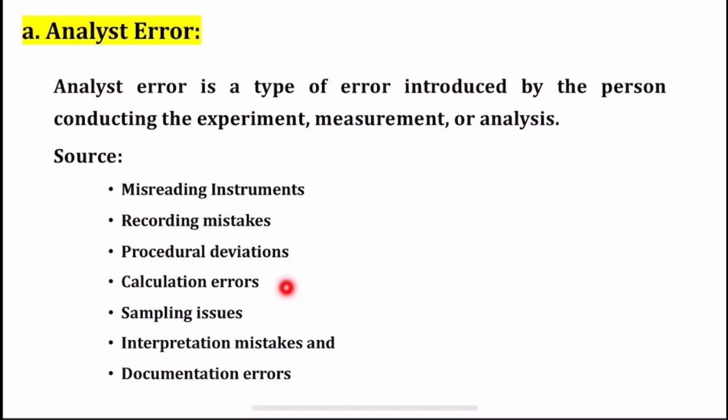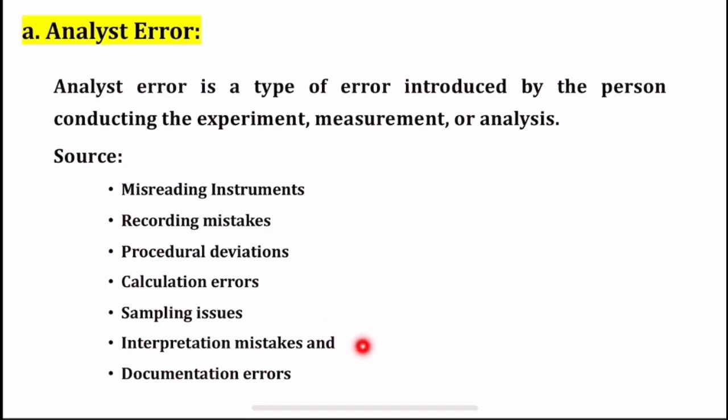Calculation errors refer to inaccuracies or mistakes made during the process of performing mathematical calculations. Sampling issues can arise due to various factors, including inadequate sample size, non representative sampling methods, biased sample selection, contamination of samples, or sampling from inappropriate locations.